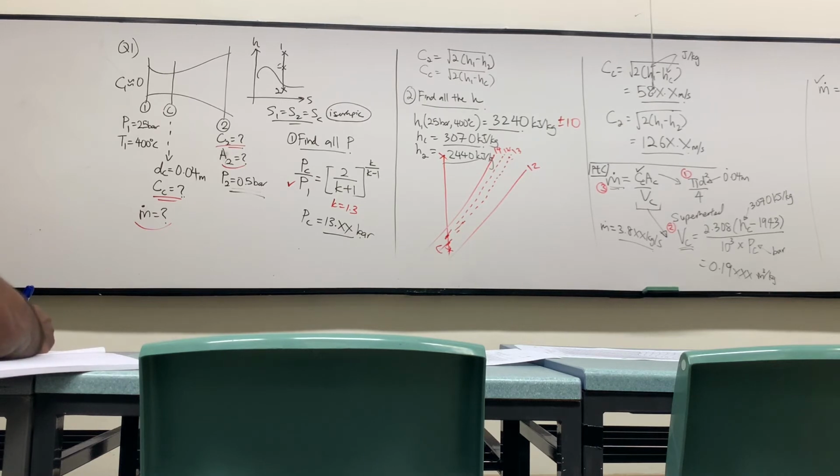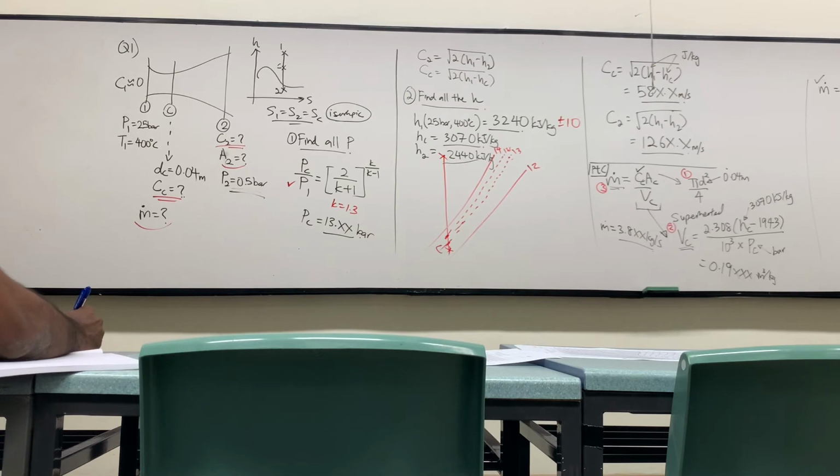So V is volume, specific volume. What's your V? What's your unit? M3 per kg.